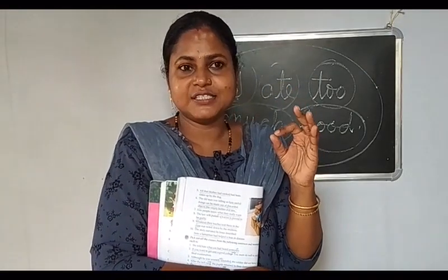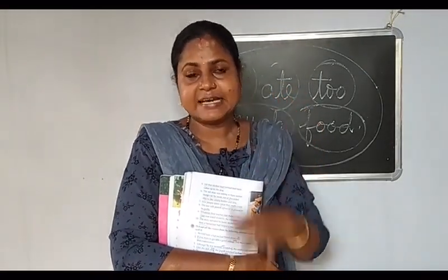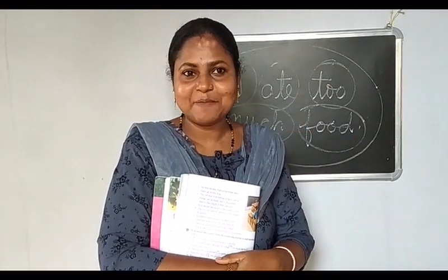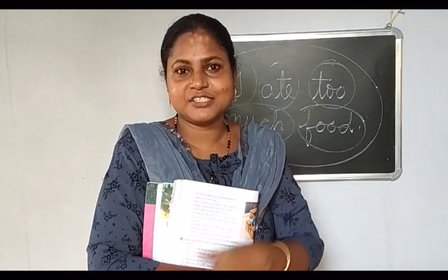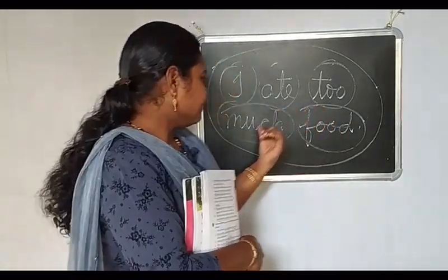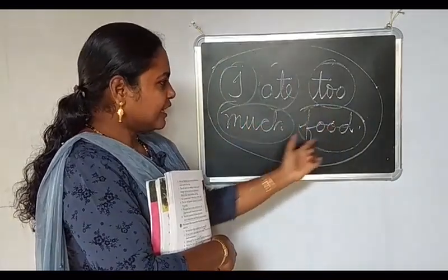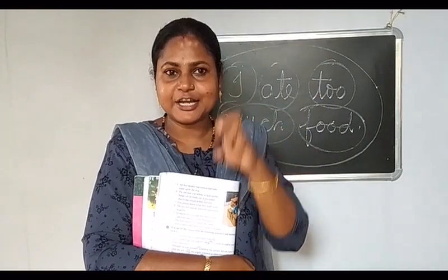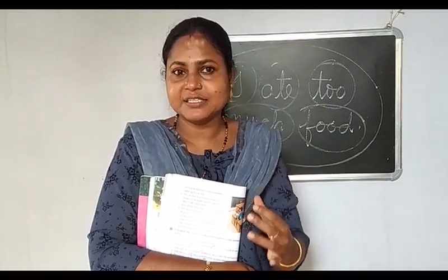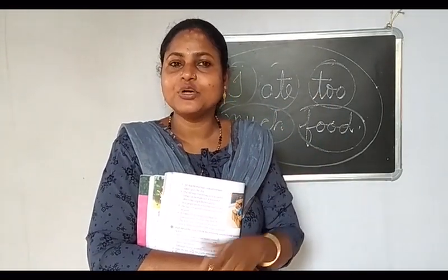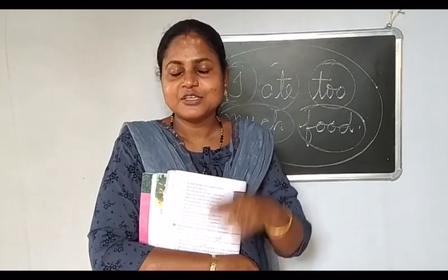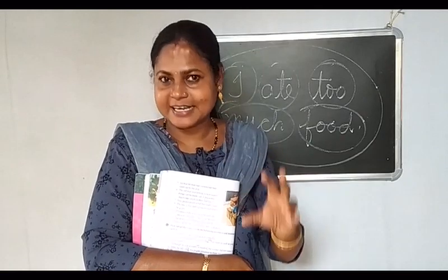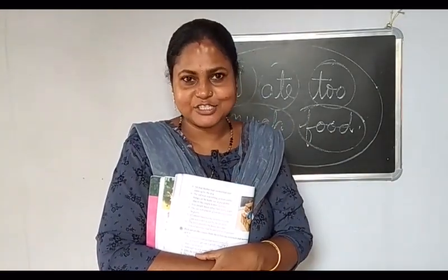A group of words, if they don't give us a sense, can be called a phrase. A group of words, when they stand together, if they give us a sense, is called a sentence. So a sentence always gives us a sense. That is the difference.